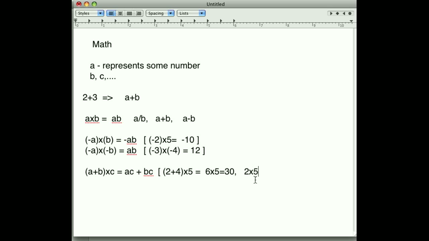Because this is our A, this is our C. So AC is 2 times 5 plus BC, and B is 4 and C is 5 again, so it's 4 times 5, which is 2 times 5 is 10, and 4 times 5 is 20, so this is also 30.